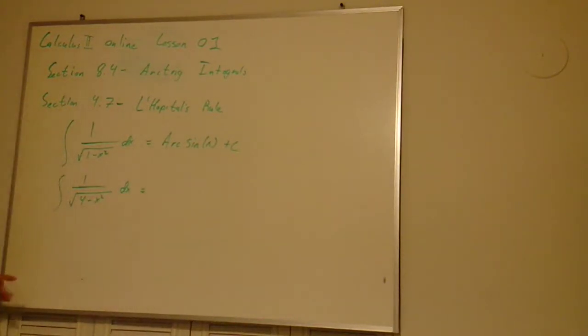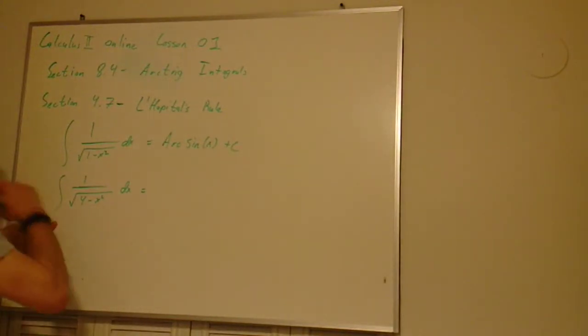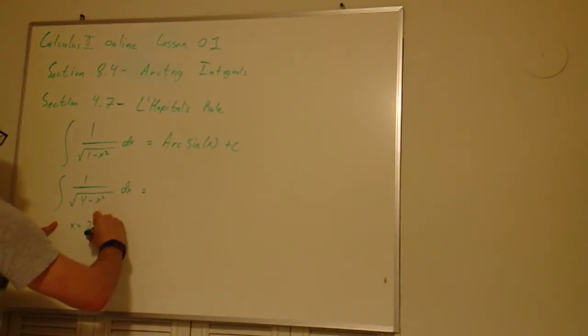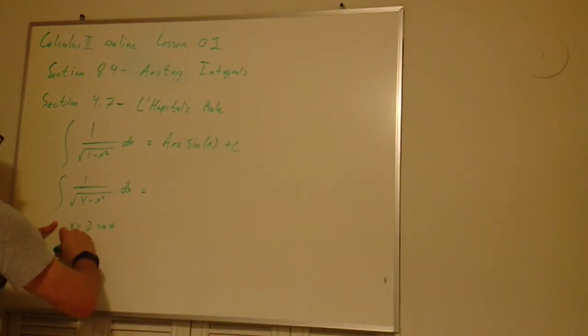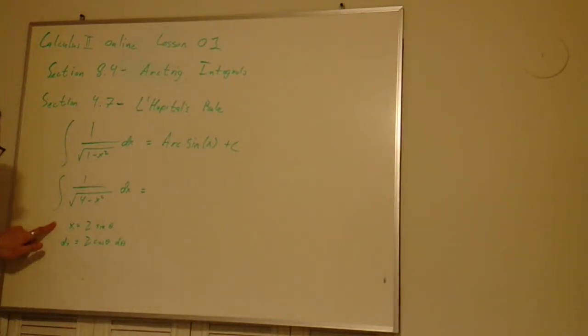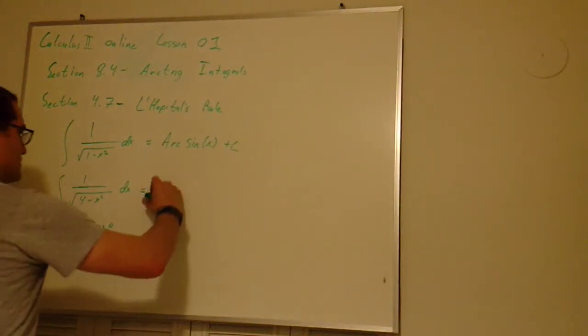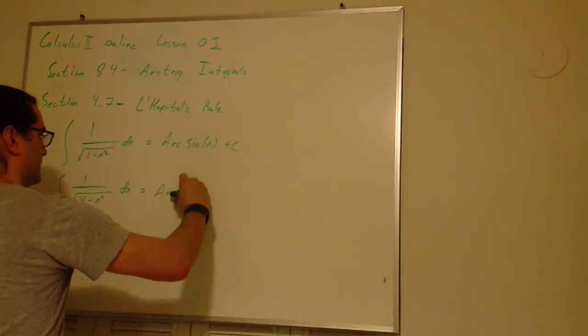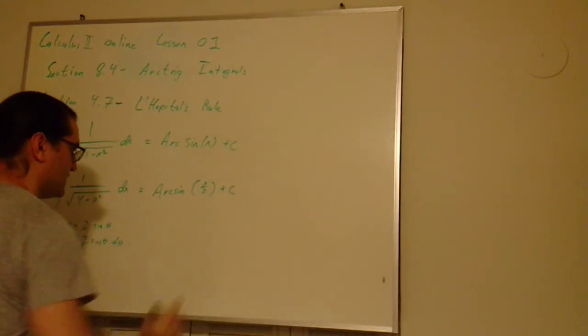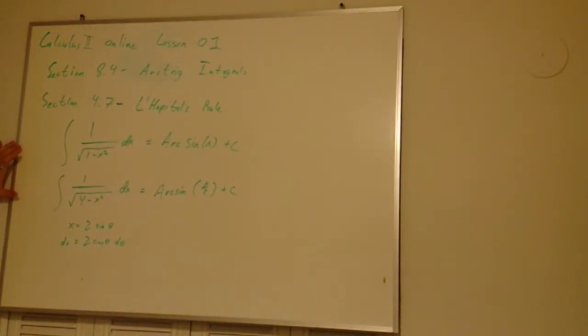And we decided that we need to make x 2 sine of theta, and then dx is 2 cosine theta d theta. So this just turns into the arc sine of x over 2 plus c. This is what we did in class the last time we were together.